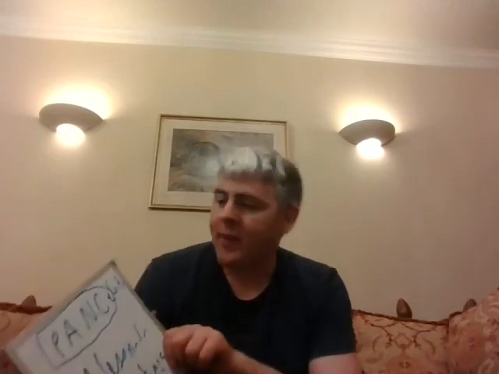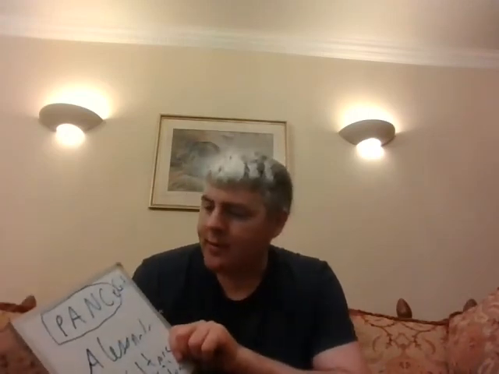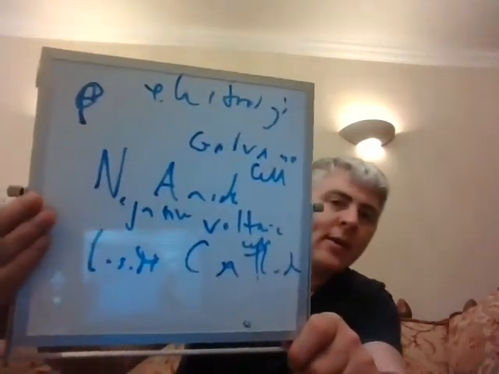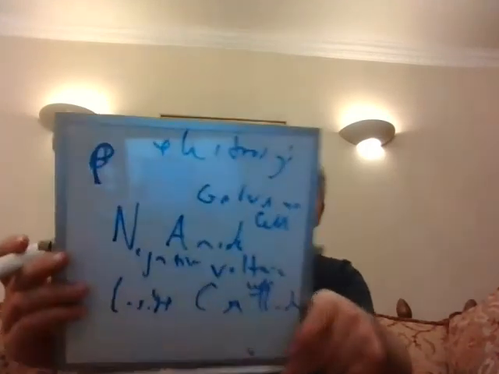So electrolytic cells, it's positive anode, negative cathode, but it's the other way around with the galvanic and voltaic cells. It's the negative anode and the positive cathode. I don't know why that is.